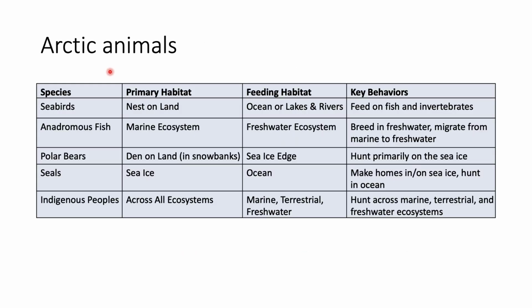We are going to look at a few Arctic animals. Some of the species given are seabirds, anadromous fish, polar bears, seals and indigenous people. Of course, indigenous people are also part of the Arctic ecosystem. So, we will be mainly looking at who is present in the Arctic ecosystem. The primary habitat for seabirds is the land, where they generally nest. Fish live in the marine ecosystem.